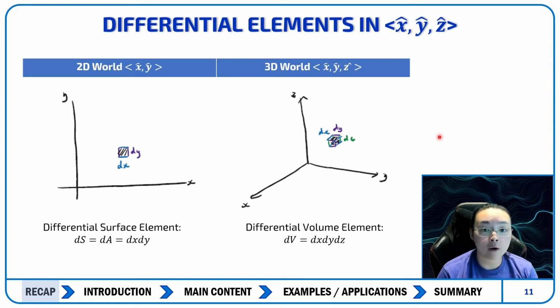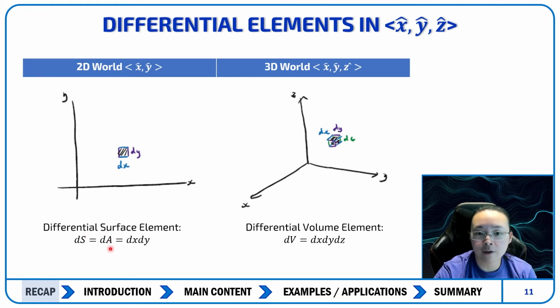Now, thinking of area, when we're talking about differential elements, remember what I said about integration. We have dx, but once we introduce an additional component, we have to consider looking at what our differential elements are for that component. So if I'm taking a look at a differential surface element, I have a differential surface or a differential area.